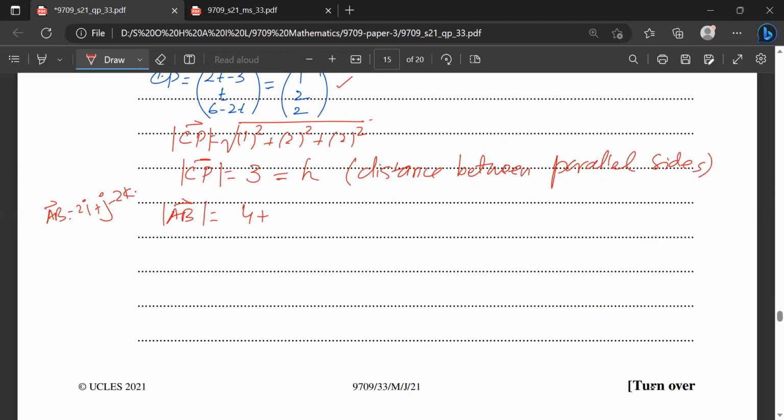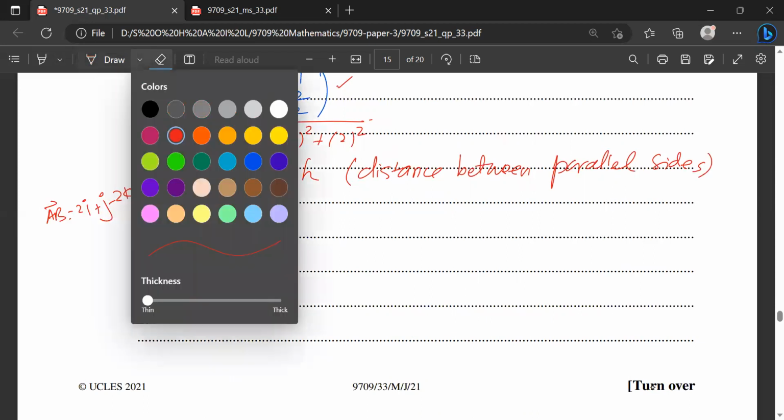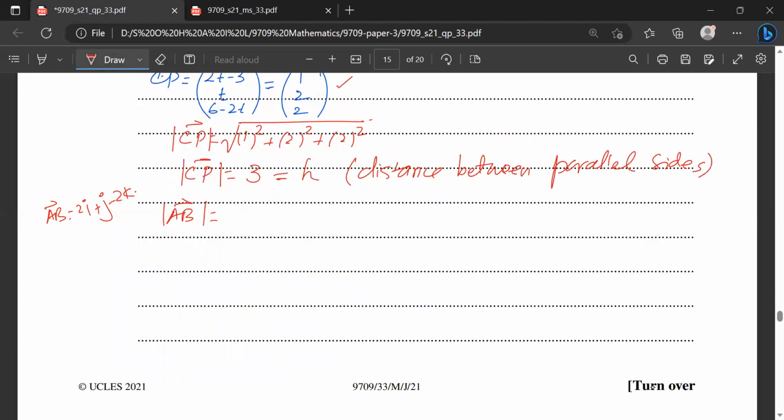the square root of 4 plus... I can show the working here. This is basically 2, 1, and minus 2. 2 square, 1 square, minus 2 square. This again equals 3.